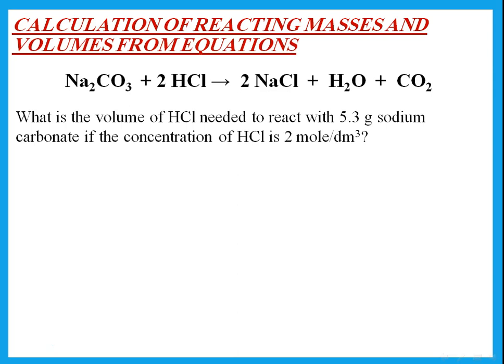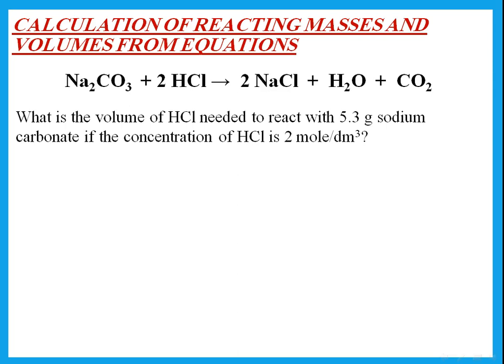So if I have 1 of sodium carbonate, it will react with 2 of HCl, and that means that the number of moles of HCl will always be twice sodium carbonate. Now, to give what? To give 2 moles of sodium chloride. So the number of moles of sodium chloride will always be twice that of sodium carbonate, but it will be the same as the number of moles of HCl.